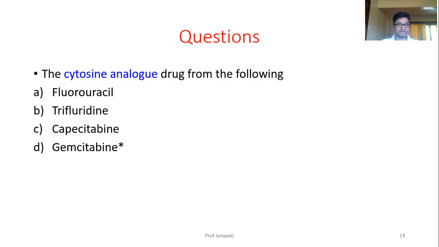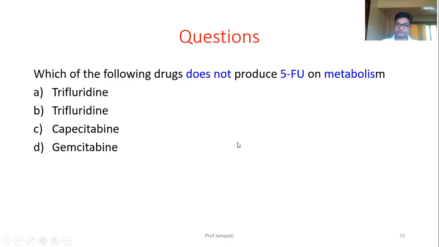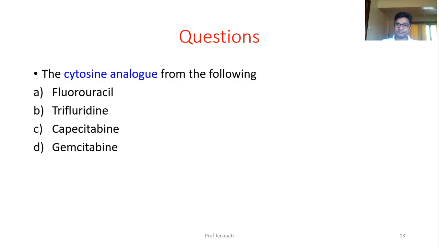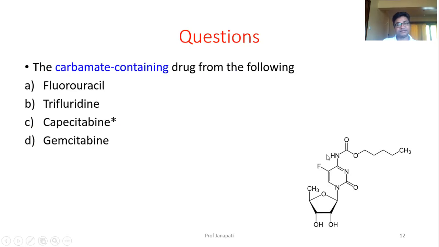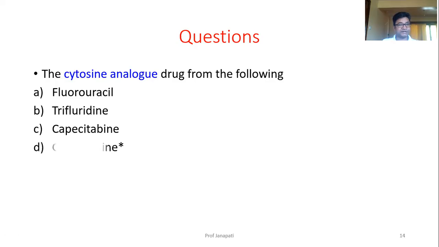This is gemcitabine. Even capecitabine is also a cytosine derivative, because when there is nitrogen and keto group, it is a cytosine derivative.